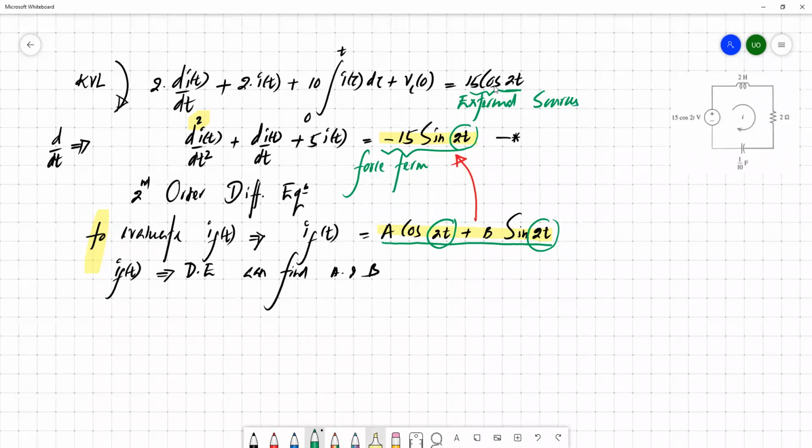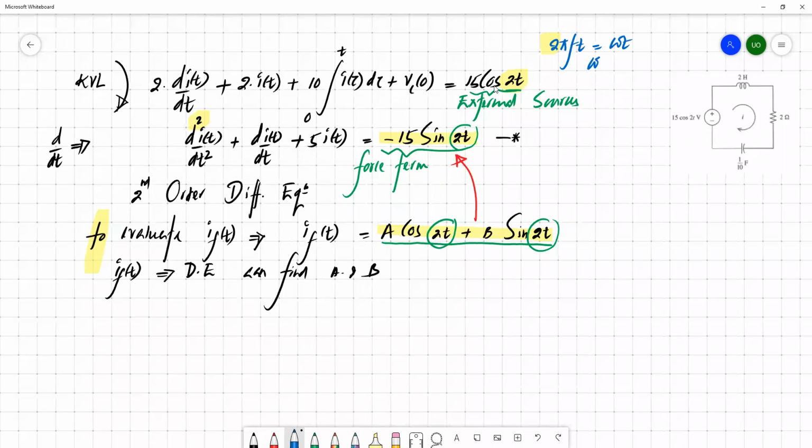The external source basically has a frequency given by 2t, so omega t equals 2, which is 2 pi f t.